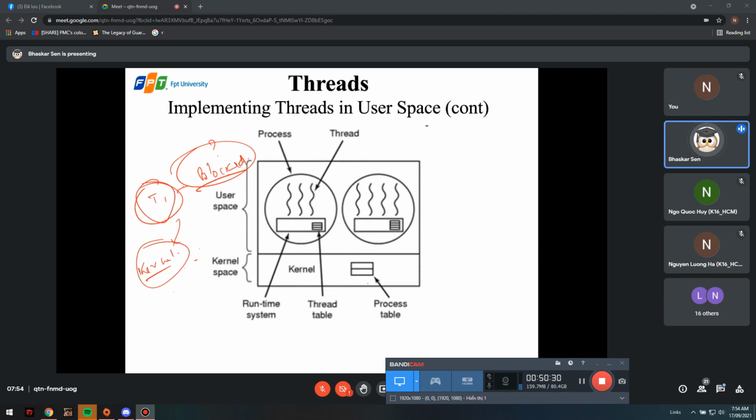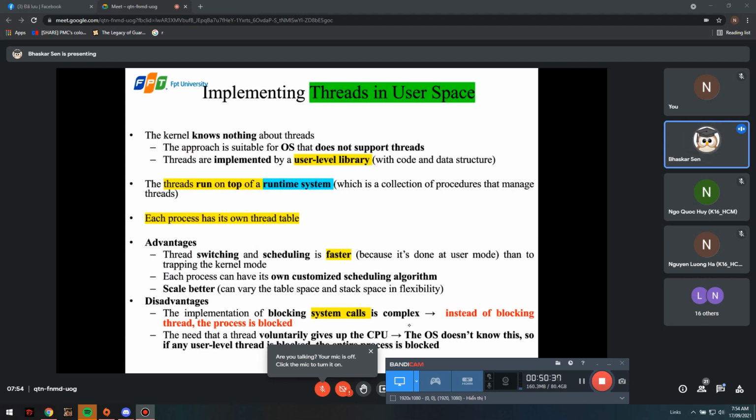So if that problem happens, we have to move on. So what is the solution that we have? As you can see right here, in the previous one, instead of blocking the thread, the process will be blocked.